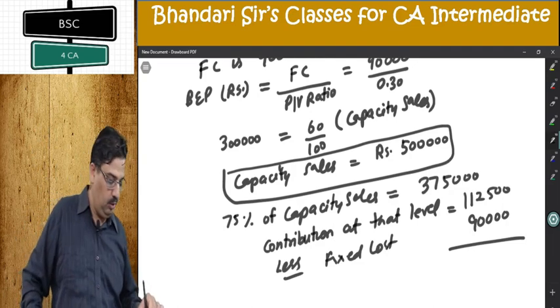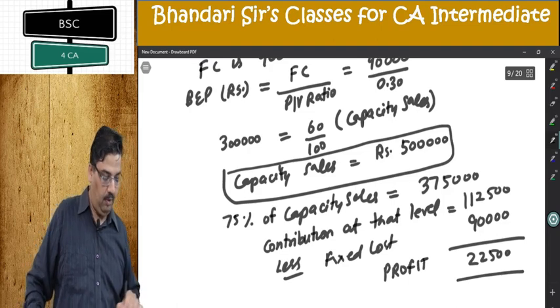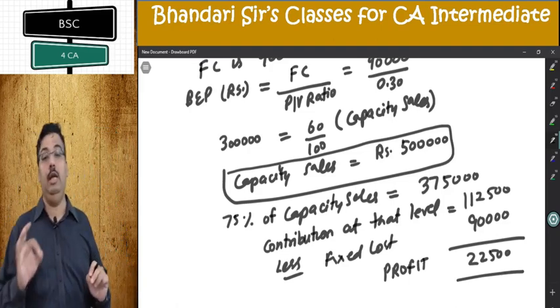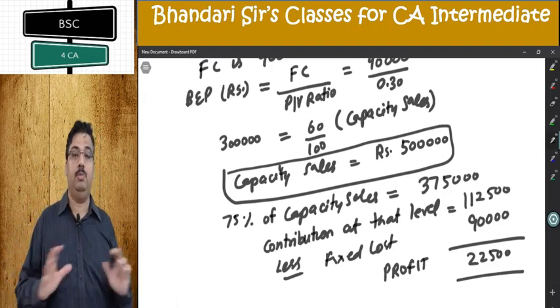What I am getting is 22,500 as profit. Profit is rupees 22,500. That is the complete question A27. I hope this much is clear.